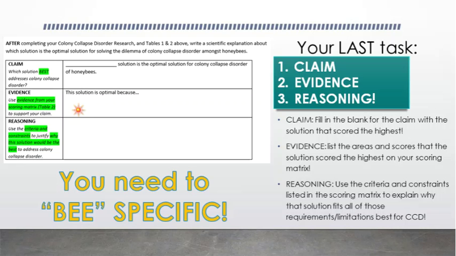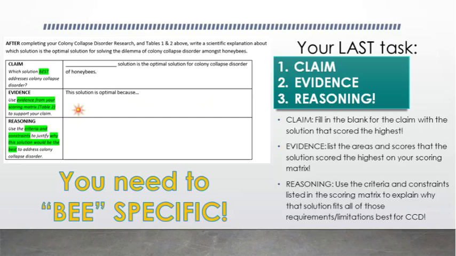So let's say you claimed Ms. Forsythe's drone solution was the best. Now you need to use as evidence what criteria and constraints scored the highest on your scoring matrix for that solution. Let's say she scored a 2 in the first category.